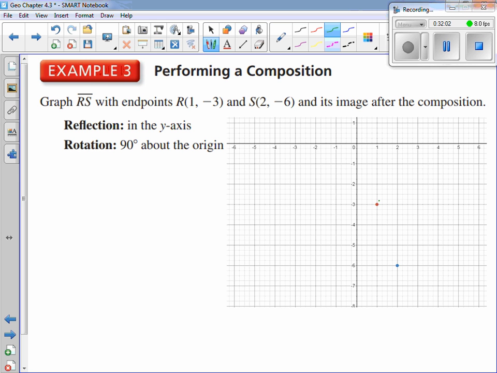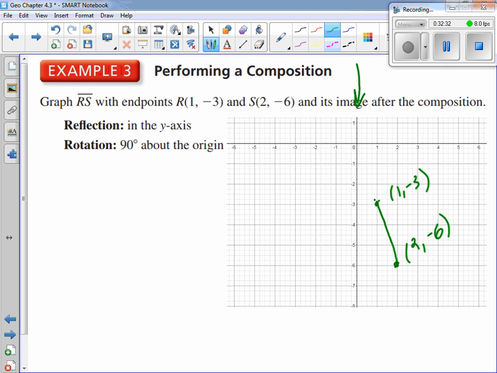Now we're starting off with this line here. And we have 1, negative 3, and 2, negative 6. Now, what does it talk about first? We have a reflection in the y-axis. So if I reflect it across the y-axis, our line is right here, so I can count over to it.